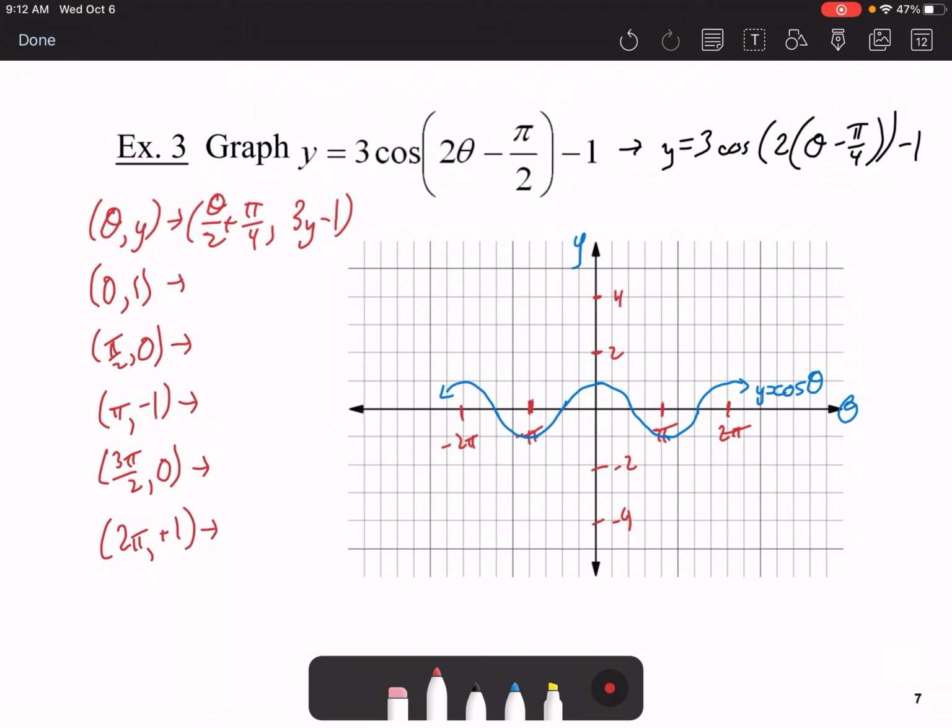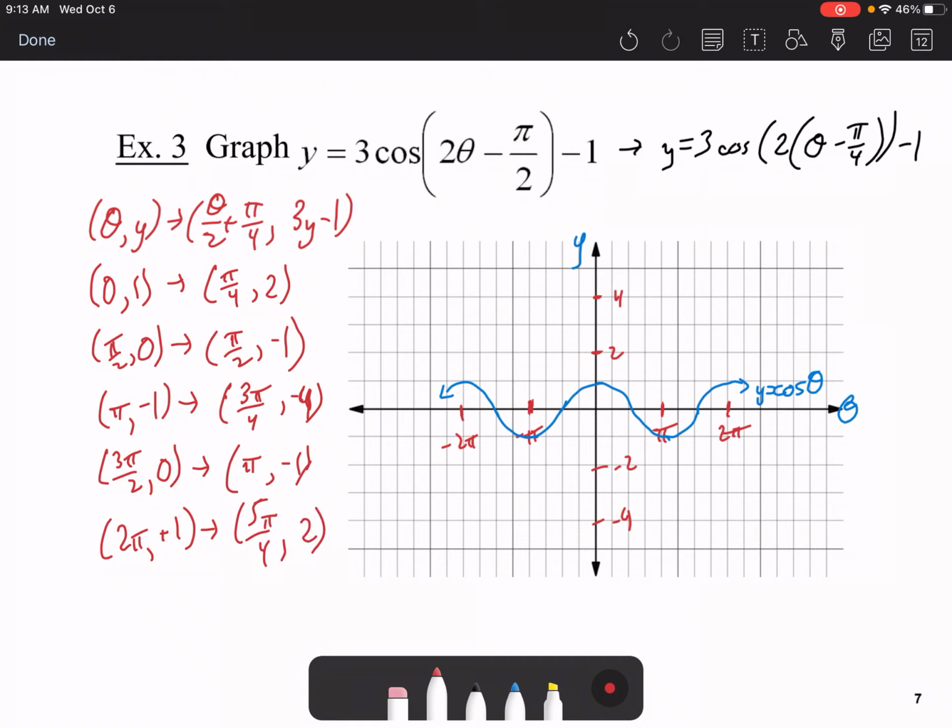Okay, so it's just a matter of substituting in. You can check these values with your calculator if you like, or you can just work these out using your own brain. And now draw your new locations.